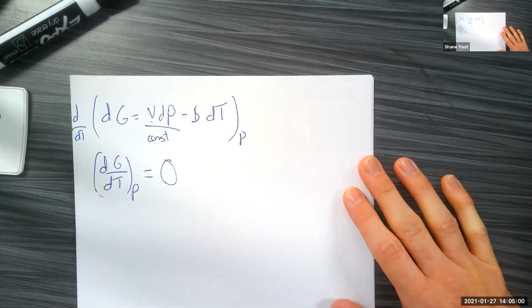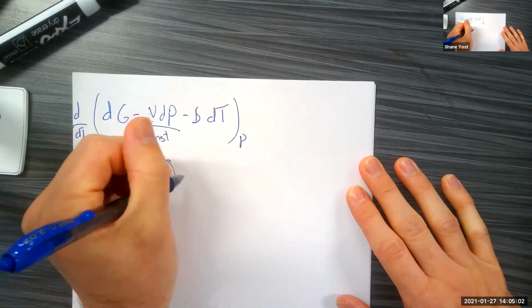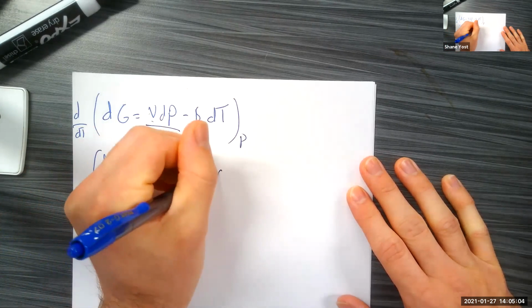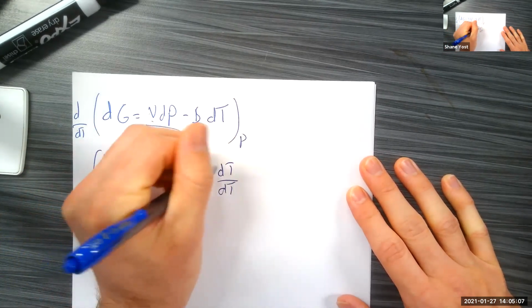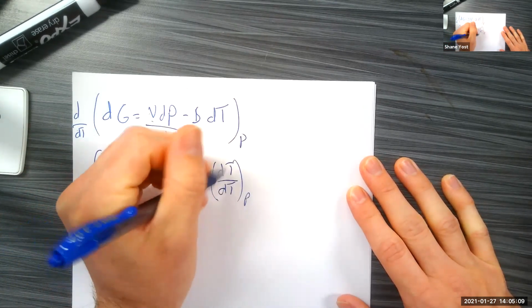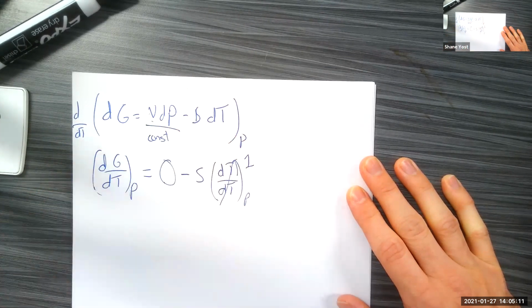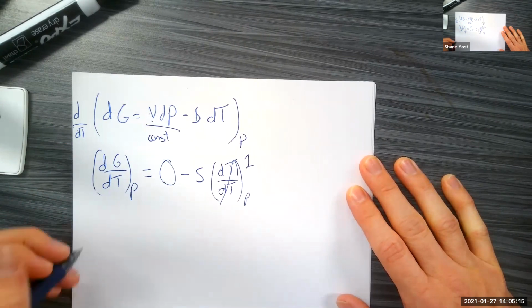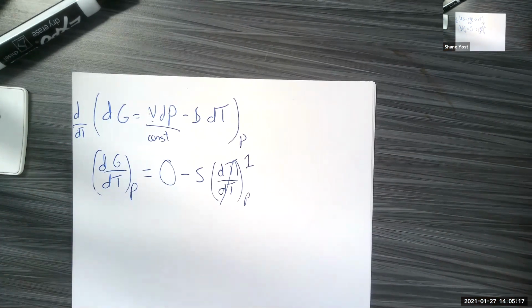And then the second term, minus S dT/dT under constant pressure, is just equal to 1, so x divided by x. So that change in Gibbs free energy with respect to temperature at constant pressure is just minus the entropy.